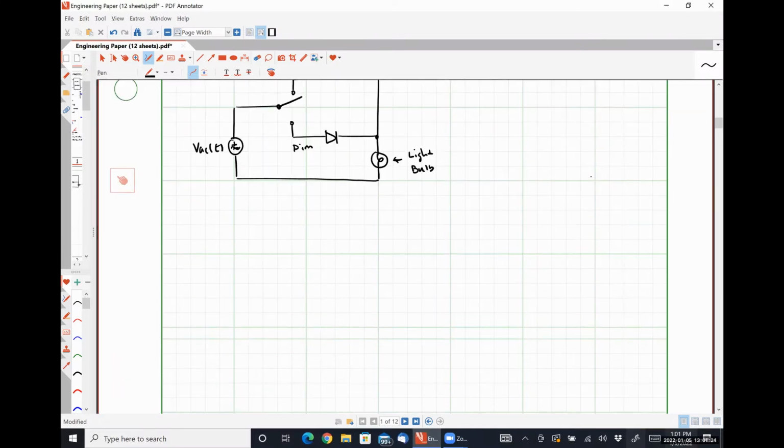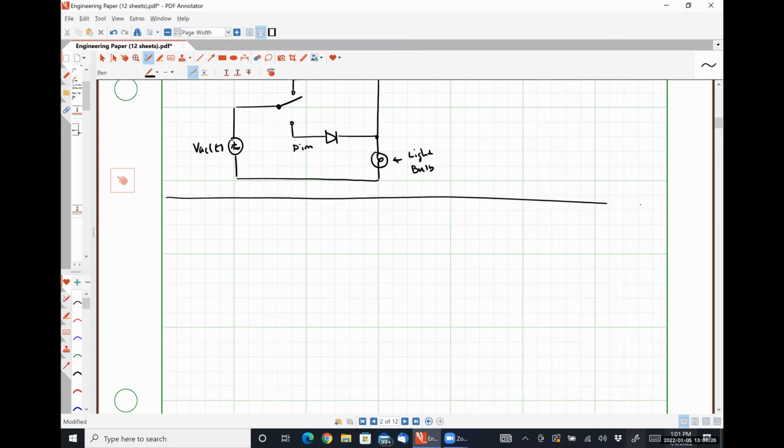So we can increase the versatility of our half-wave rectifier simply by putting a capacitor in parallel with our resistor.